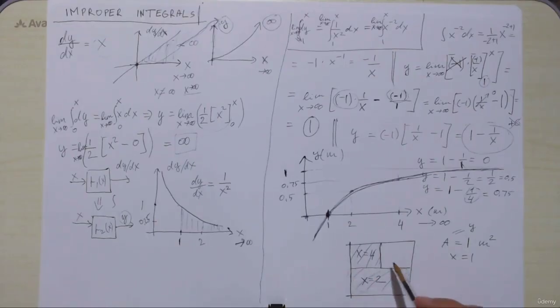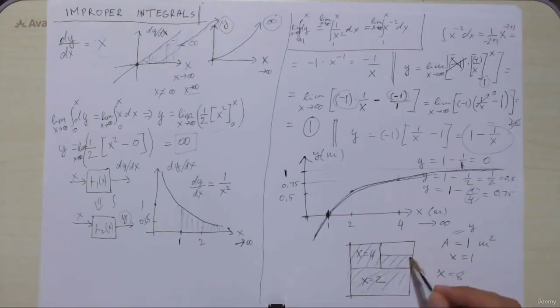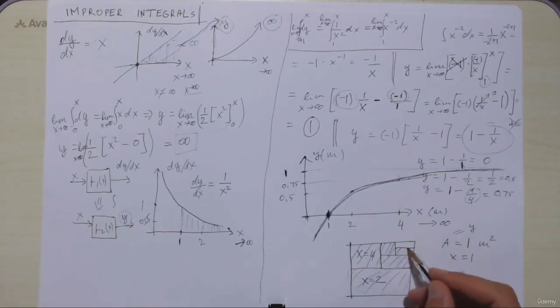And of course, if my x now equals 8, then I will have covered 7/8 of the area. And then if my x equals 16, then it's like this. 32, it's like this, and I can go on and on and on, and you can see that I can always take the remaining empty area and I can cut it in half.